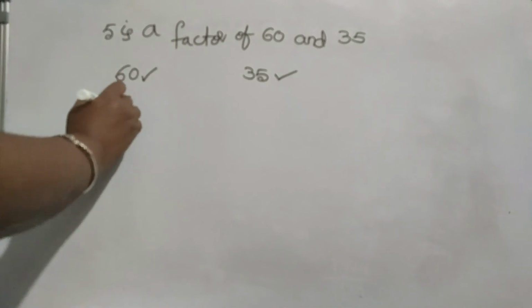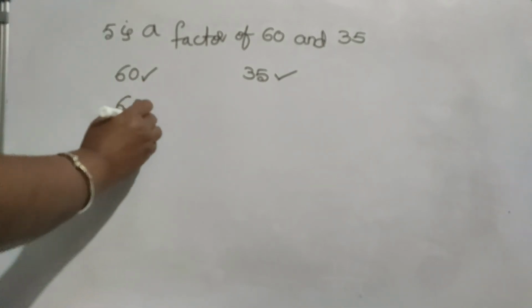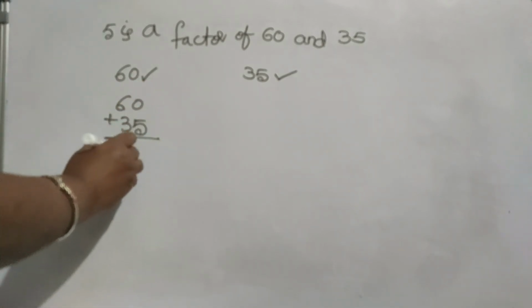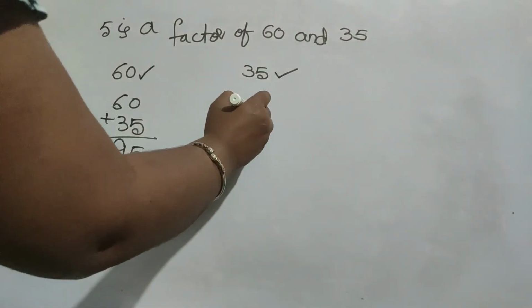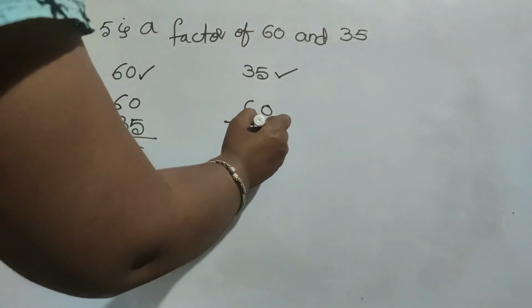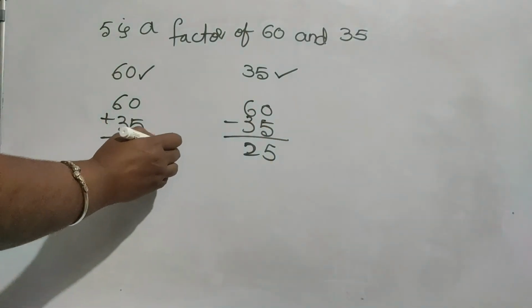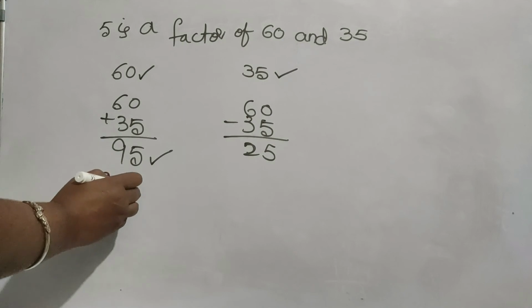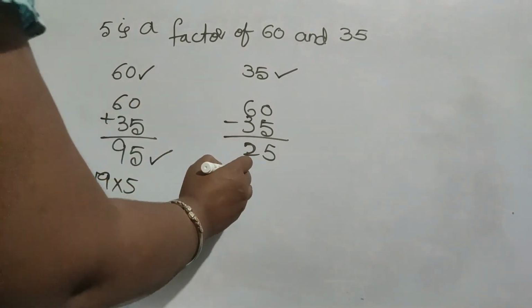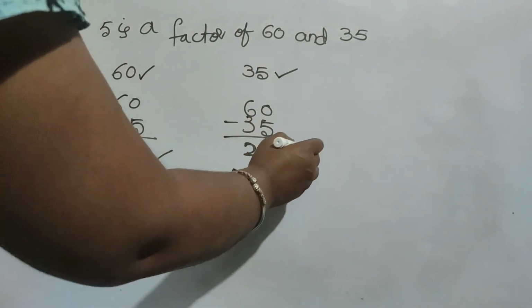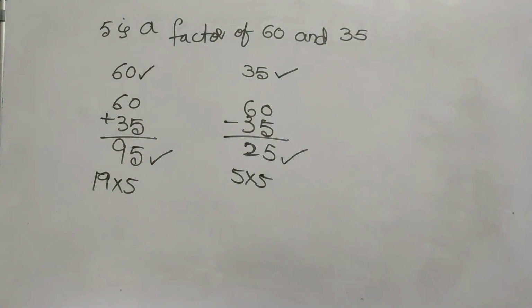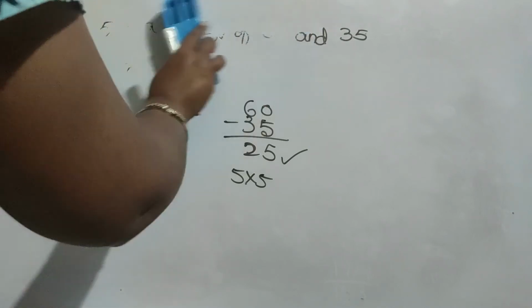Now 60 plus 35 is 95. 60 minus 35 is 25. 95 is 19 into 5, so this is a multiple. 5 5s are 25, this also follows the 5 division rule. This ends the third question.